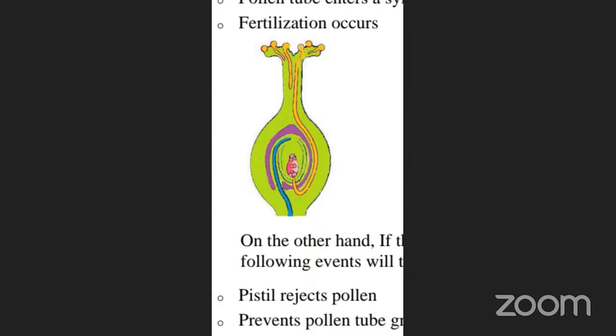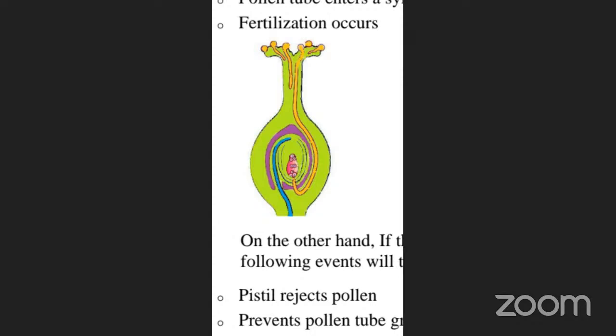Double fertilization includes syngamy as well as triple fusion. It results in the formation of fertile endospermic seeds.